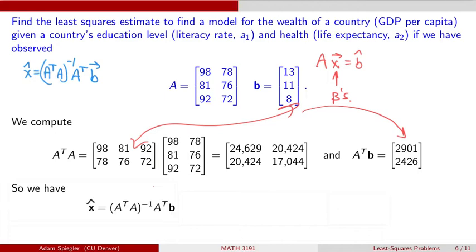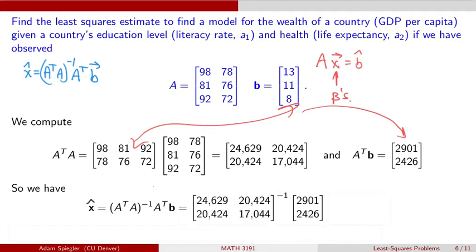So now we're ready to find our solution x hat by taking the inverse of the product A transpose A and multiplying that by the product A transpose B. And that is all organized over here. So here was A transpose A. We're going to find the inverse of that matrix and then multiply that by A transpose B, which is over here.